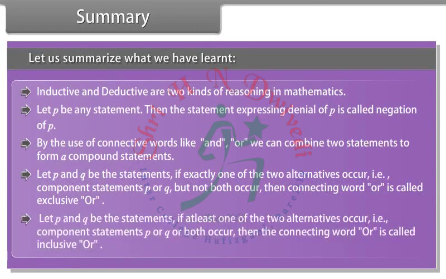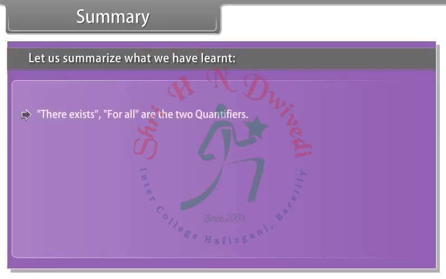Let P and Q be statements; if at least one of the two alternatives occurs, that is, component statements P or Q or both occur, then the connecting word or is called inclusive or. There exists and for all are the two quantifiers.